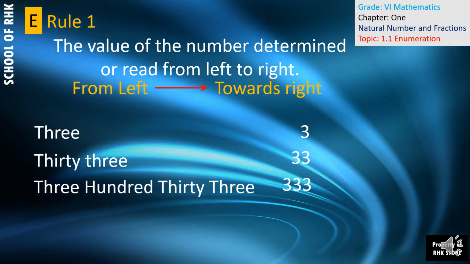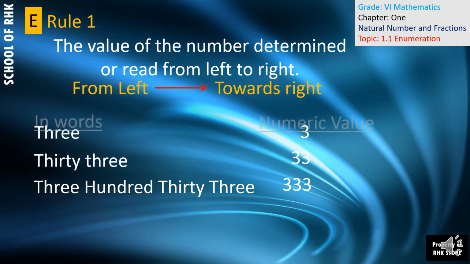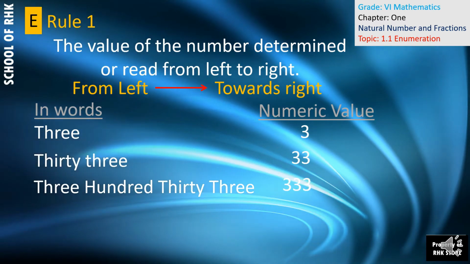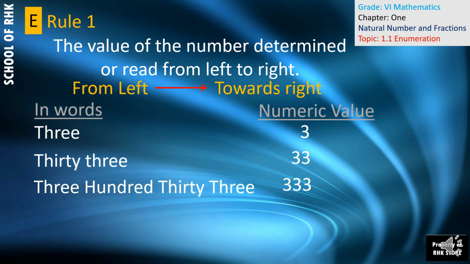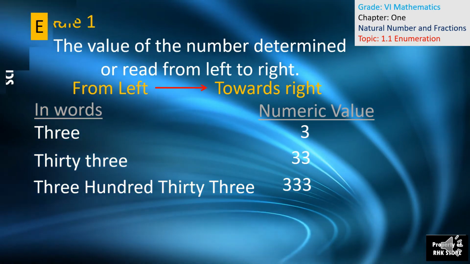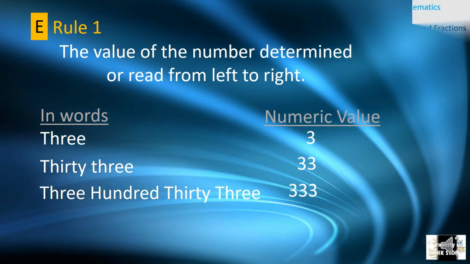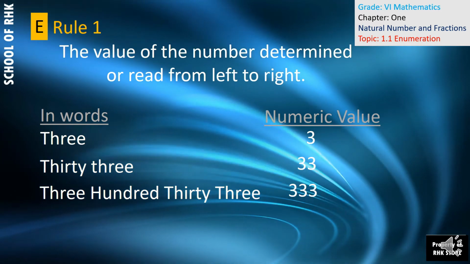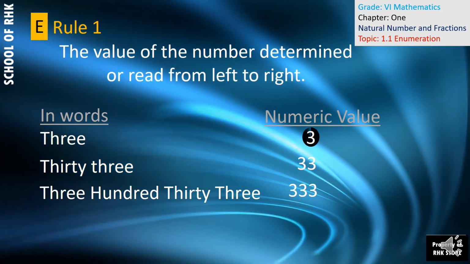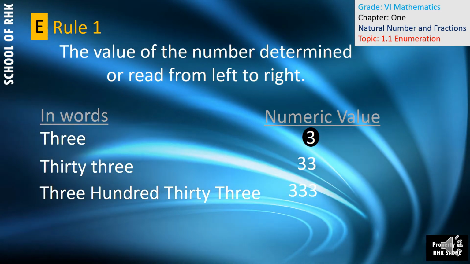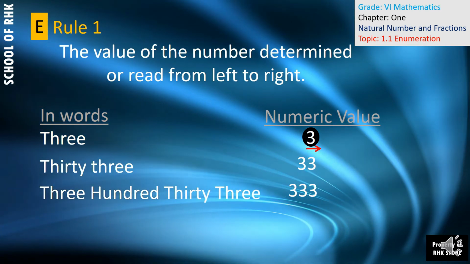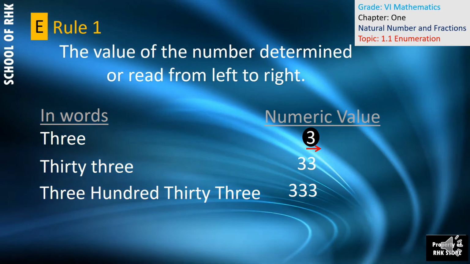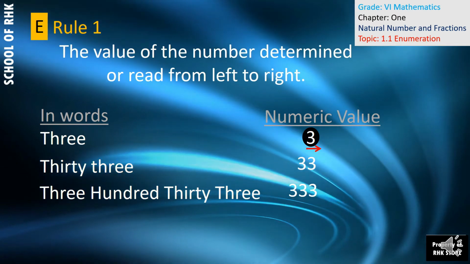We will write the numbers first in words and then in digits. The number 3 is a single number. As a result, there is no need to consider right or left for reading. So its value is 3.